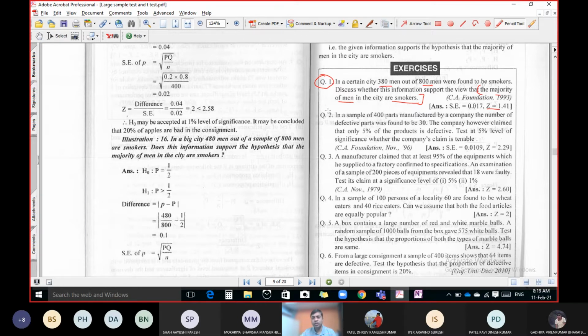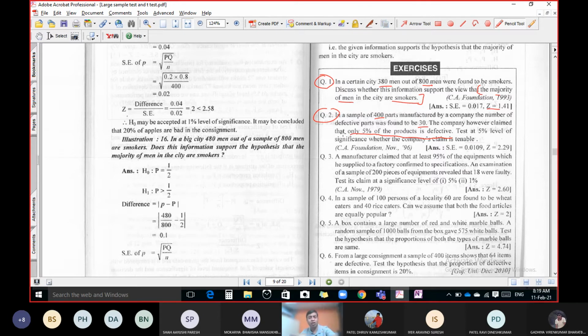Question number 2. What information do we have? In a sample of 800 parts manufactured by a company, the number of defective parts was found to be 30. The company claimed that only 5% of the product is defective, not more than that.